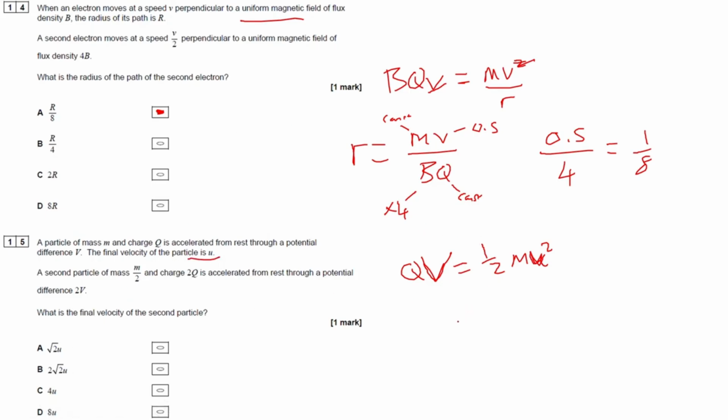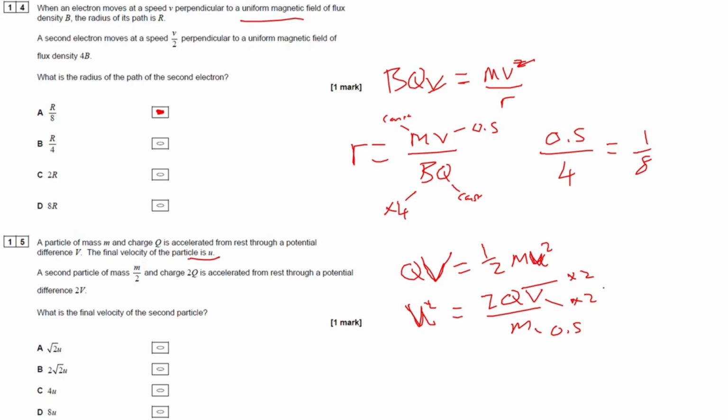I need to get this equation to u equals. If I start rearranging, I see that u squared equals 2qV over m. Again, just looking at what's changed, the charge is now times 2. The potential here is times 2 as well, and the mass is 0.5.